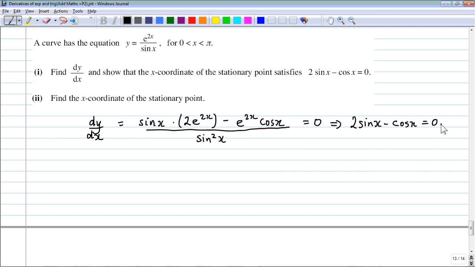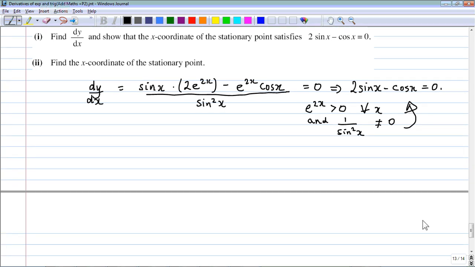But have we justified that clearly? Well, we could simply write that e to the 2x is positive for any value of x, and 1 over sine squared x can never be equal to 0. So because neither this nor this can be 0, it follows that this must be 0. So try and write it carefully, but that's the basic idea.